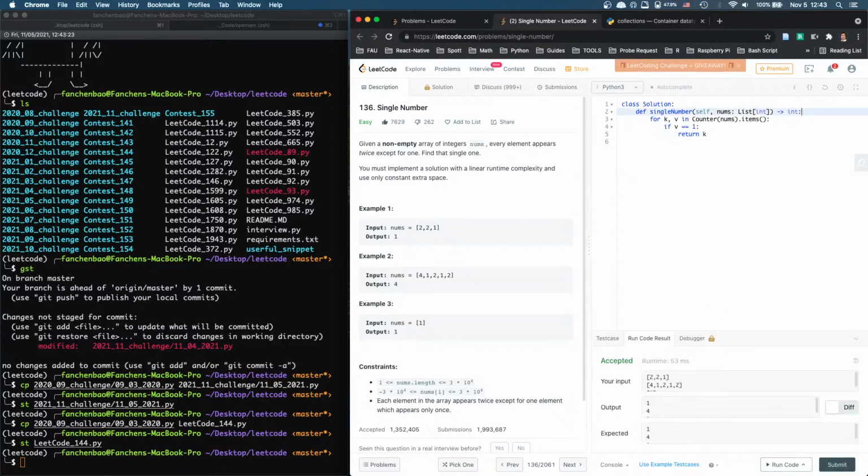But this is not, right? This is O(n) time, but O(n) space. So not following the requirement, not satisfying the requirement.